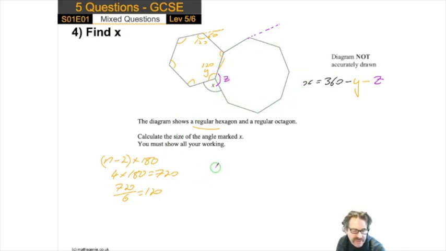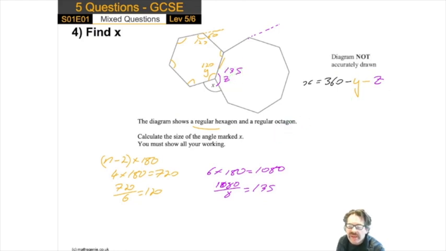So it's going to be 6 times 180, which is 1080. And then 1080 divided by 8 is going to be 135. Okay, so this is 135.